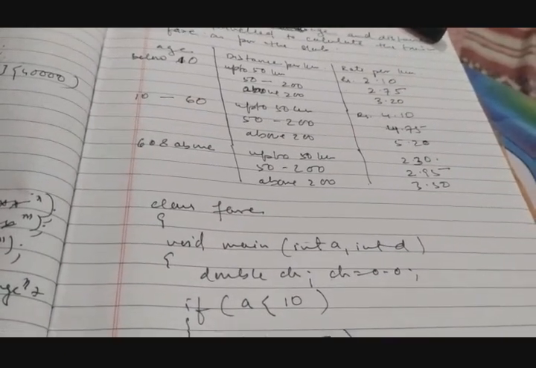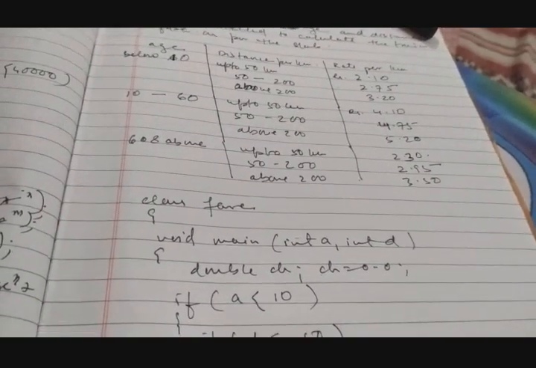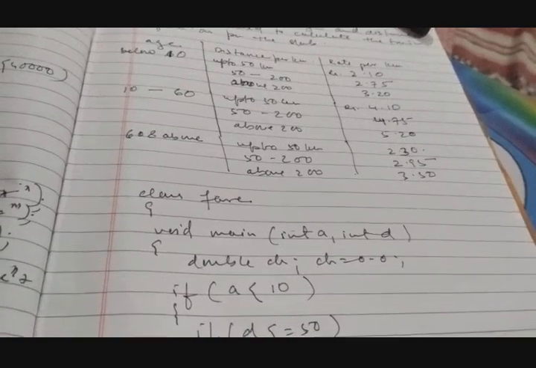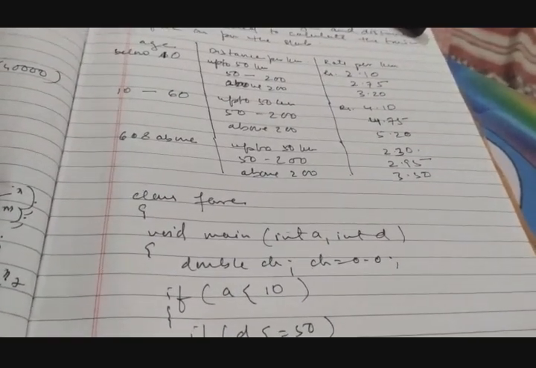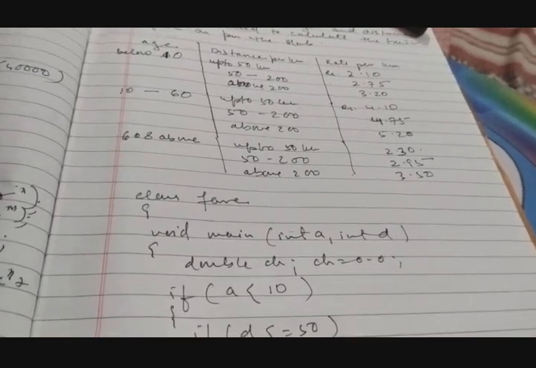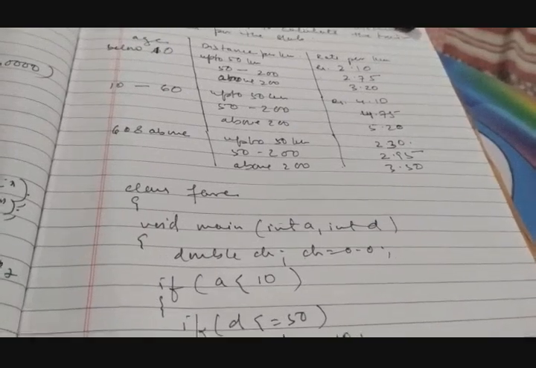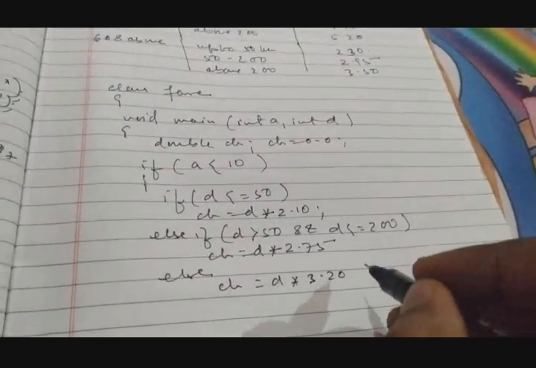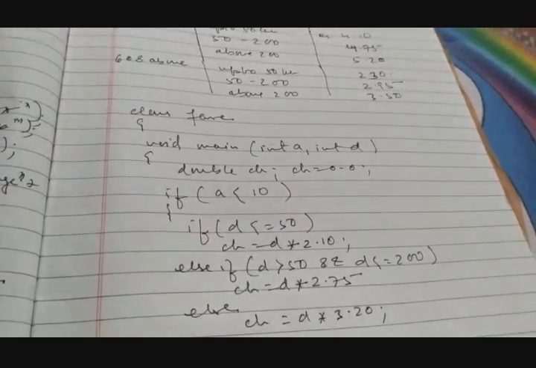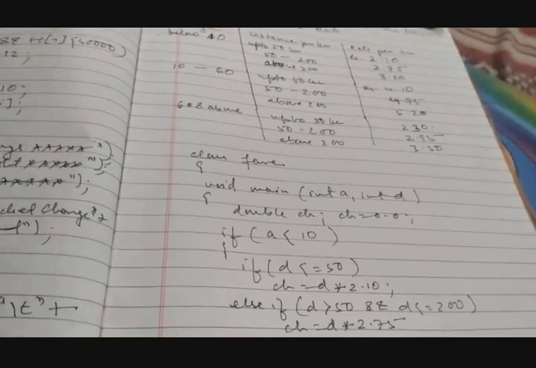Else if the distance is more than 50 and distance is up to 200 kilometers, then charge equals distance into 2.75. Else charge equals distance into 3.20. So the if closes.